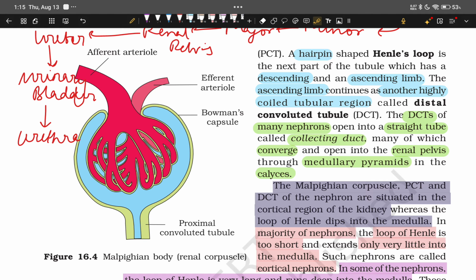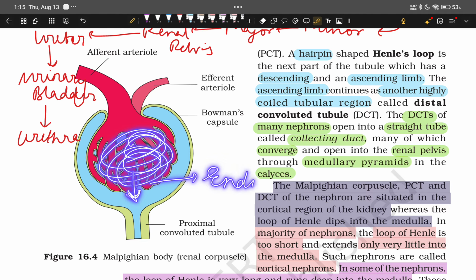So first of all, the blood here is going to pass through the endothelium of the glomerular blood vessel, then through the basement substance, the basement membrane of the glomerulus, also the basement membrane of Bowman capsule.